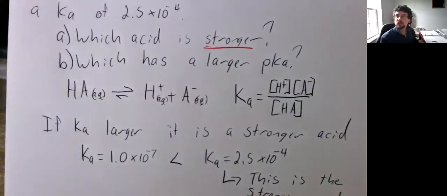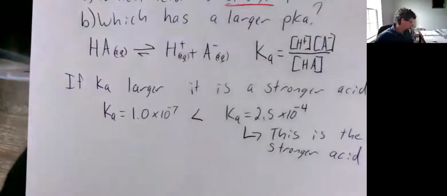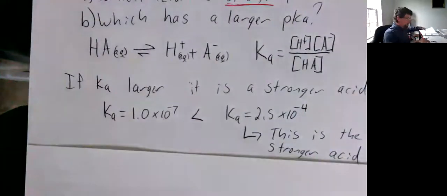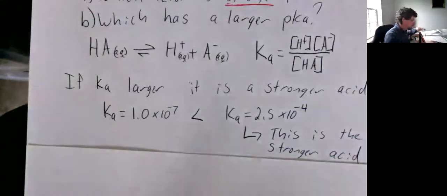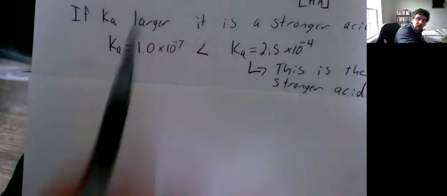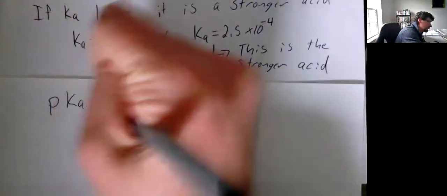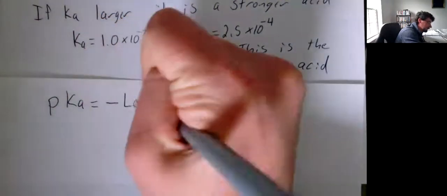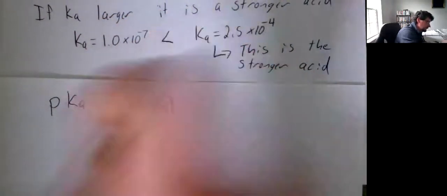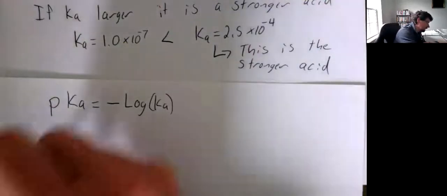But now let's ask the question, which has a larger pKa value? So to do this, we have to look at those Ka values. We have to remind ourselves what pKa is defined as. So pKa is equal to the negative log of Ka. So we have to do this function to both of our Ka values.